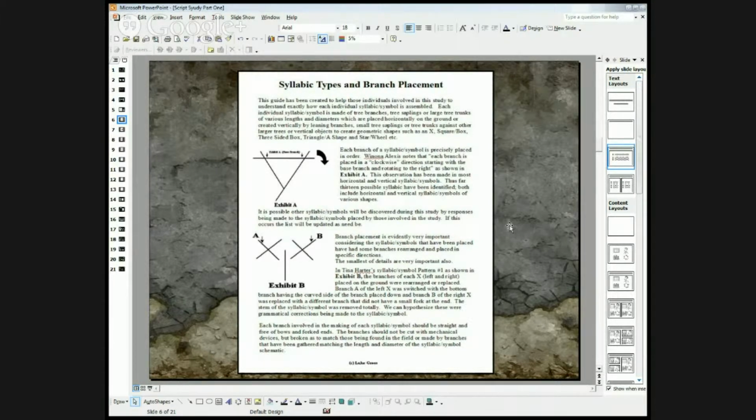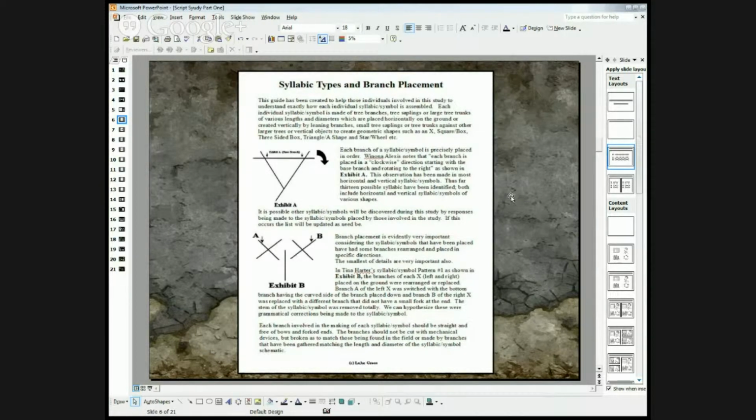We can hypothesize these are grammatical corrections being made to the syllabic. Each branch involved in the making of each syllabic should be straight and free of bows and forked ends. The branches should not be cut with mechanical devices, but broken as to match those being found in the field, or made by branches that have been gathered matching the length and diameter of the syllabic schematic.